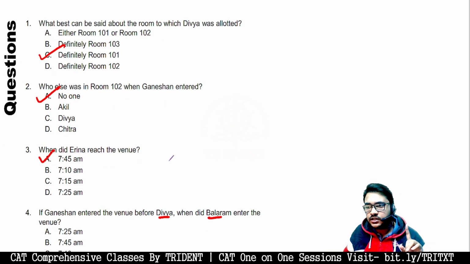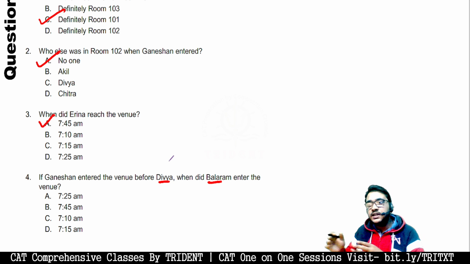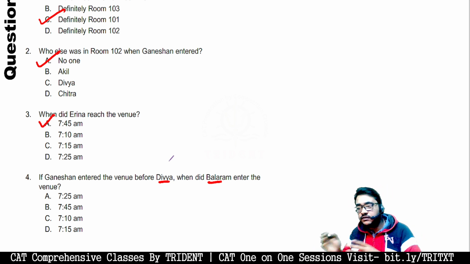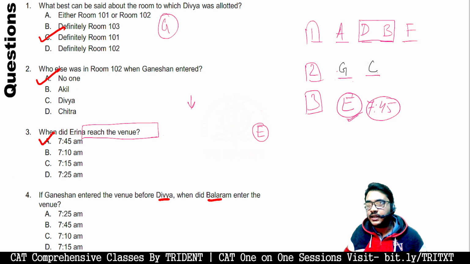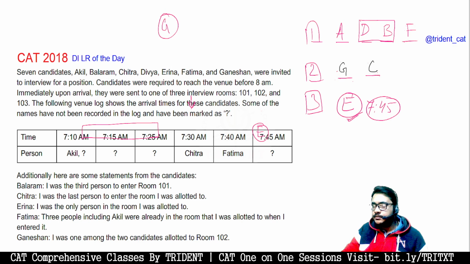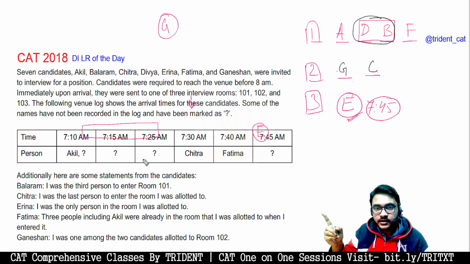Okay, now there's just one question left, which is if Ganeshan entered the venue before Divya, then when did Balram enter? Let's understand that. If you realize, Divya and Balram will always move in pairs, blocks. Okay, why do I say that? Balram is the third person.